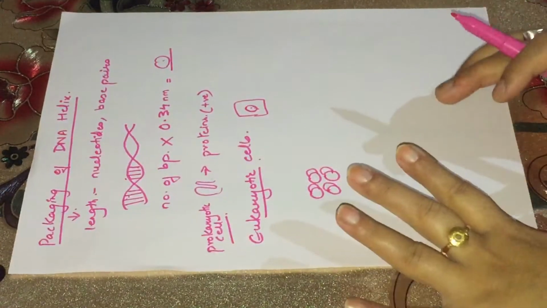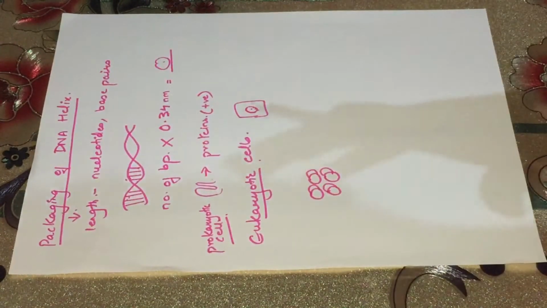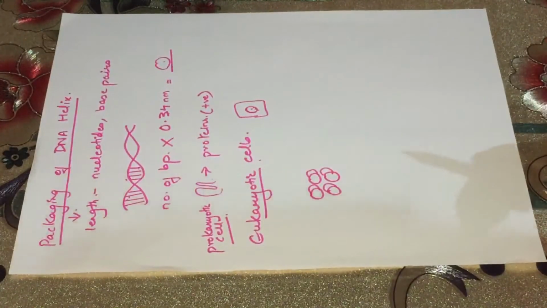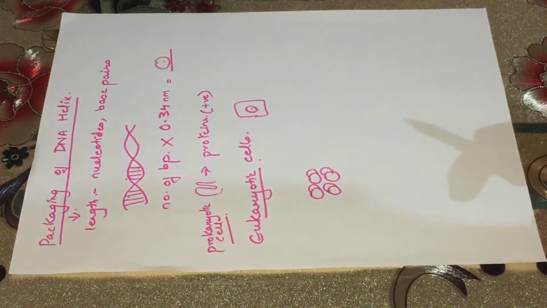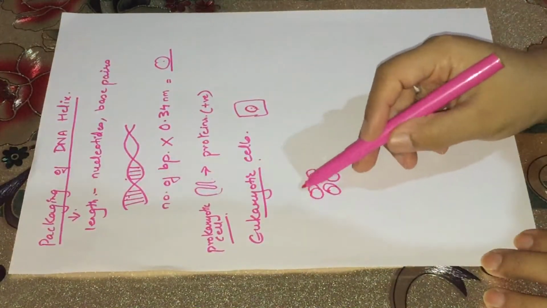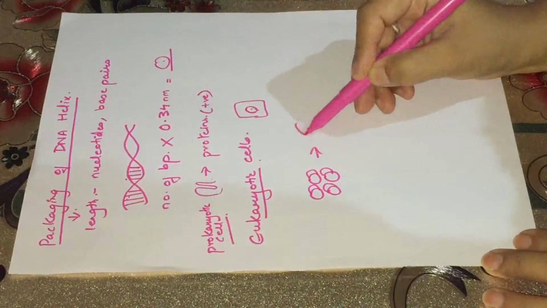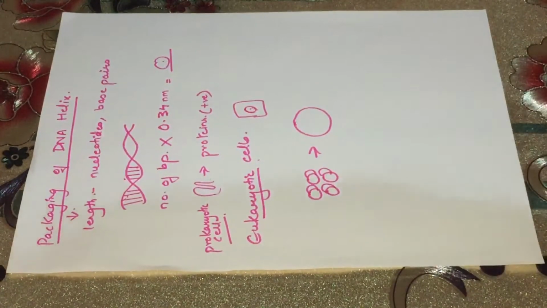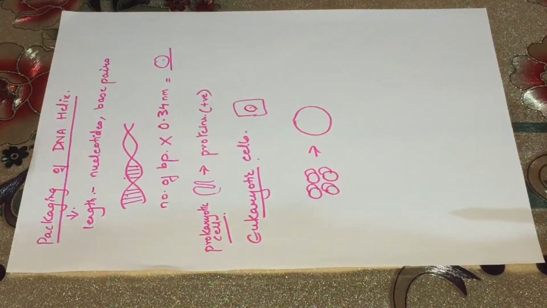In your book a single spherical shape is shown, but that is not a single sphere; it consists of 8 molecules of histone octamer, which is positively charged.